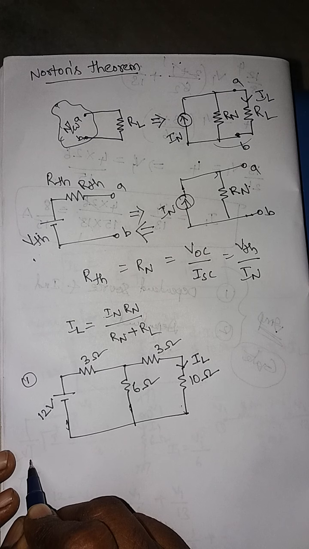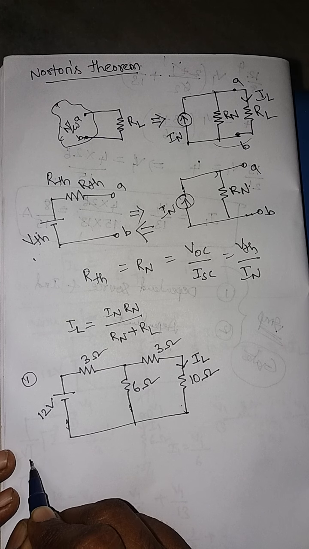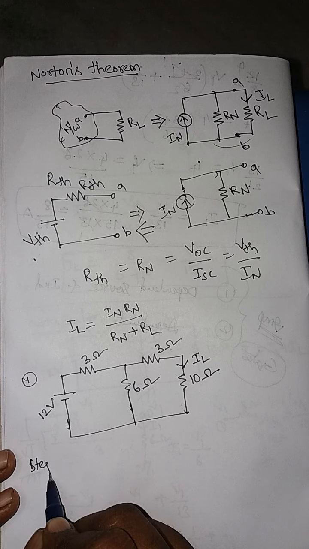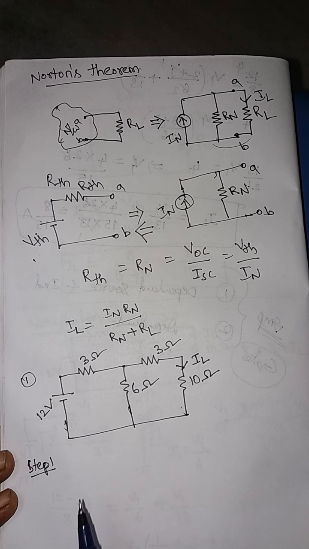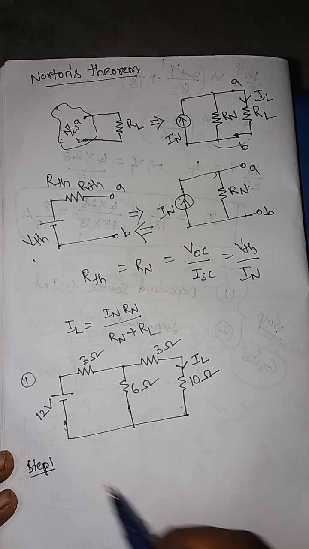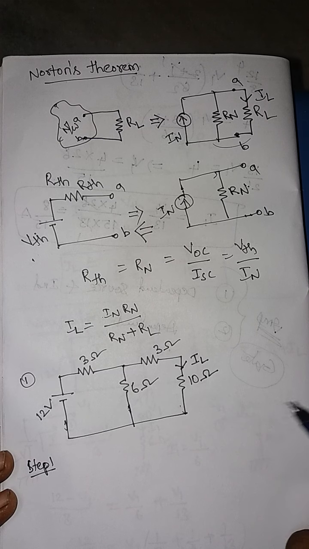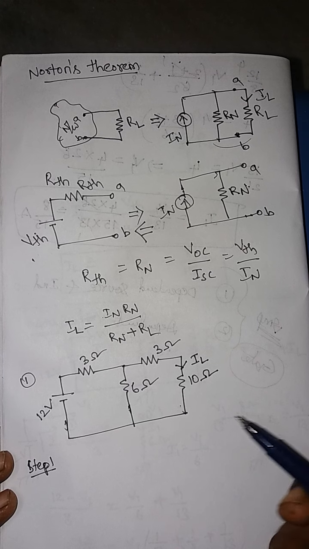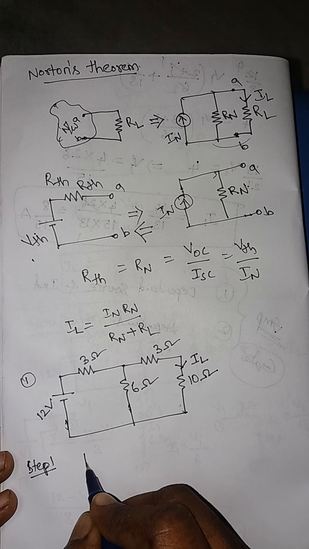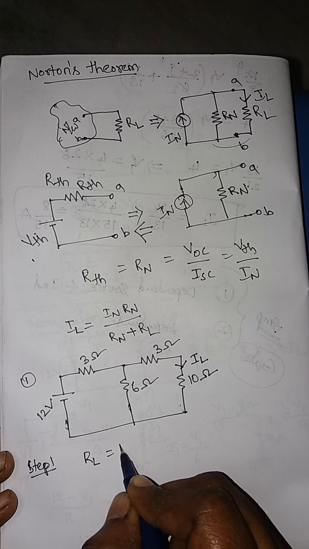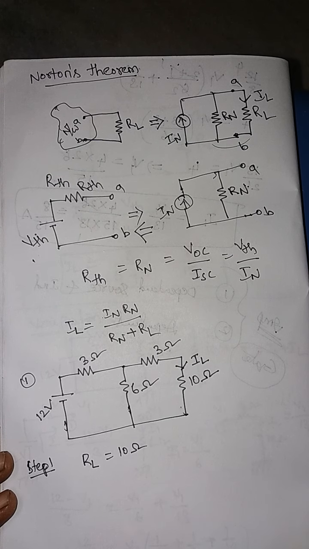Step 1: let us identify the load. Wherever we need to find the current, that is the load. So RL is equal to 10 ohms.